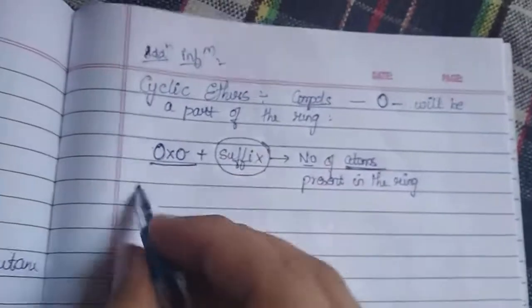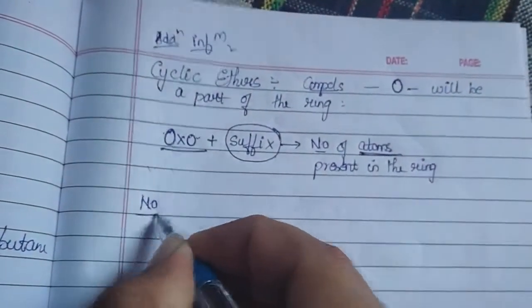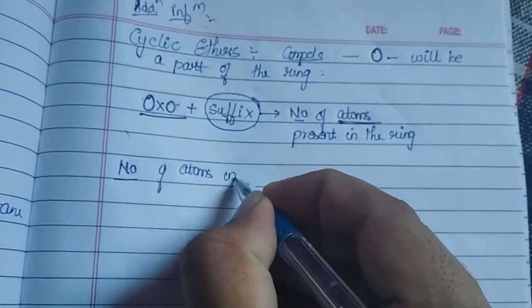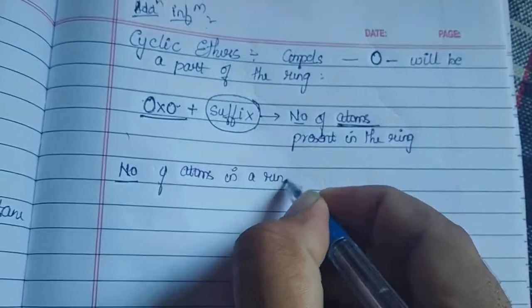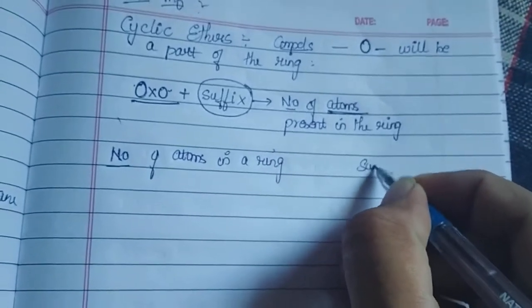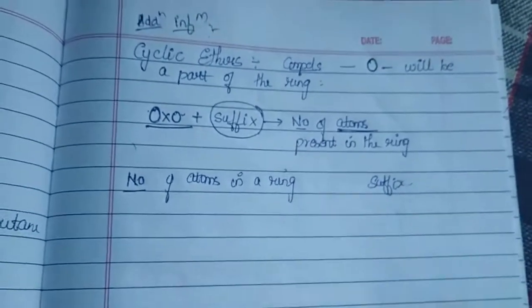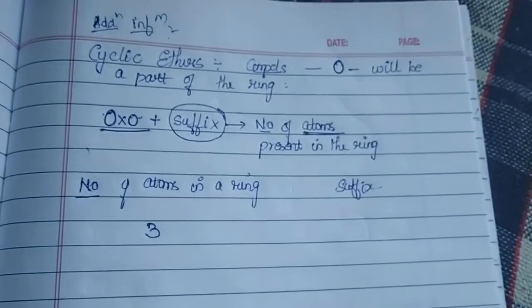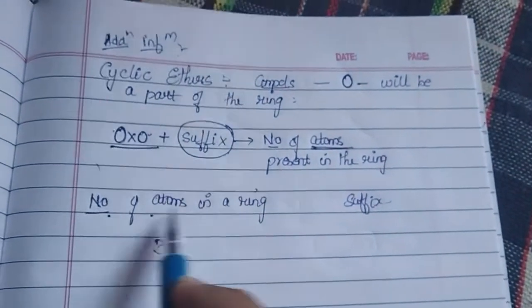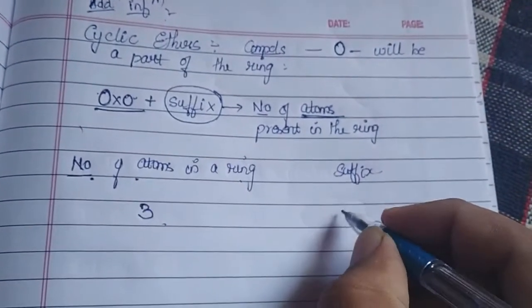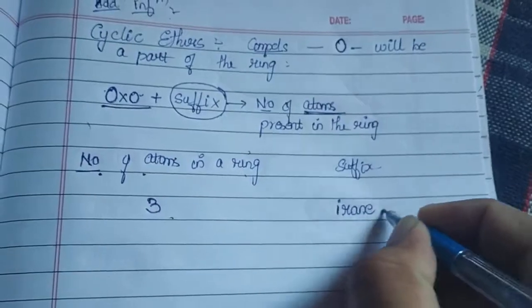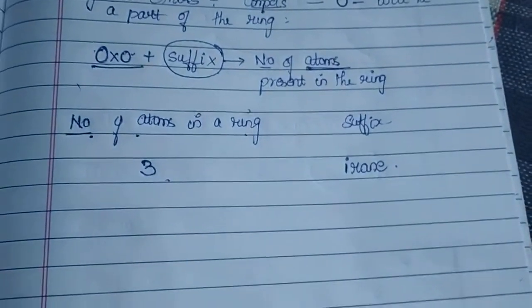First let us check out, let me take a table: number of atoms in a ring, and the suffix. If the number of atoms in a ring is 3, I would use my suffix as irane. I-R-A-N-E.